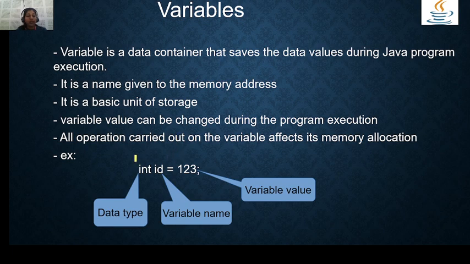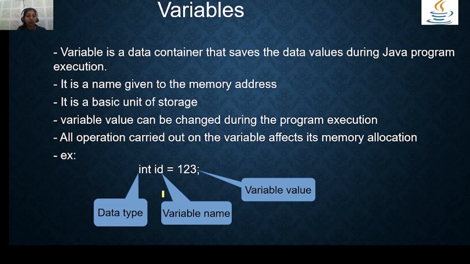Okay, so let's see an example. int is the data type, id is the variable name, and what is the value of that variable? So it will be 123. So int id is equal to 123. Let's take another example also, string name. So name cannot be stored in integer, so it should be a string.